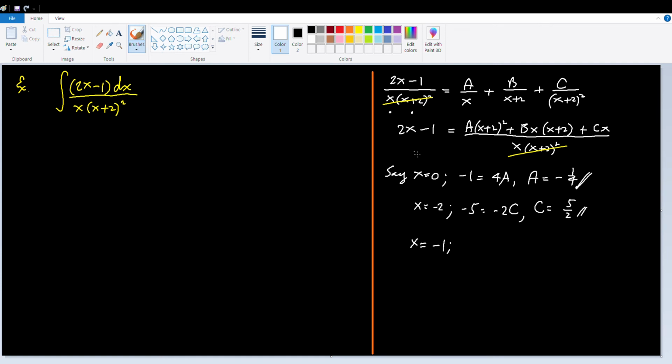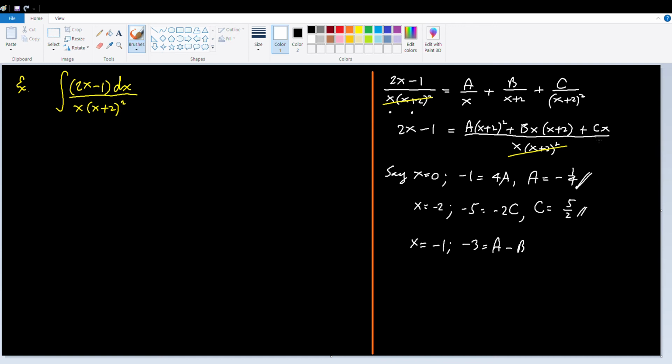So 2 times negative 1 minus 1 is negative 3. Negative 1 plus 2 is positive 1 squared is 1 times a. b times negative 1 is negative b times negative 1 plus 2 is positive 1. So b times negative 1 times positive 1 is negative b.